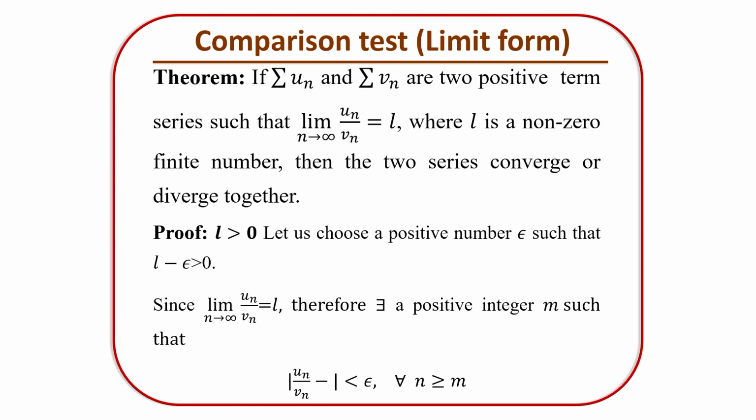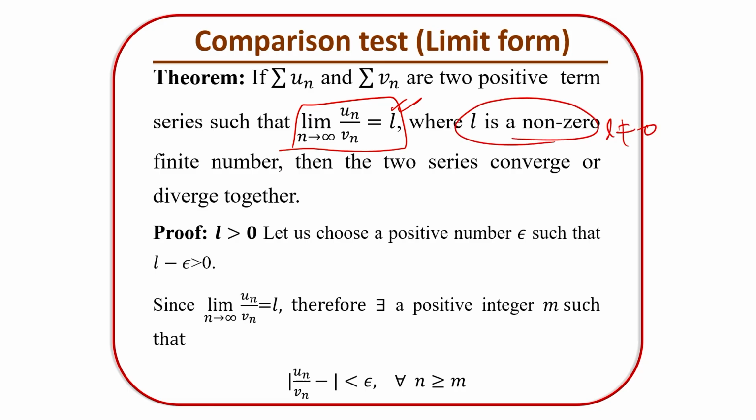Now using these two comparisons, first type and second type, we will have a limit form comparison test. Considering two positive term series sigma un and sigma vn, such that the limit as n tends to infinity of un by vn equals L is given, where L is a non-zero number.